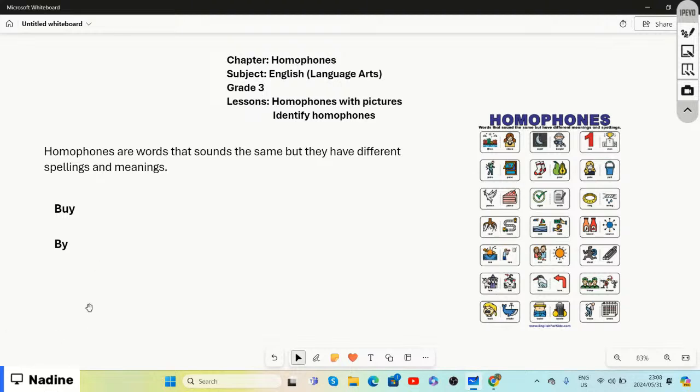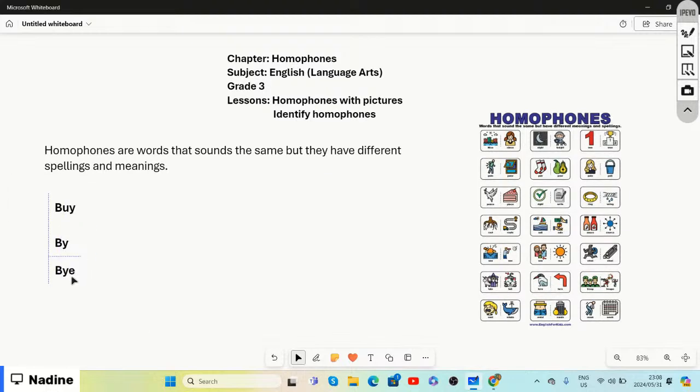And then we have another word, B-Y-E, which is short for saying goodbye. So that is basically the three words.